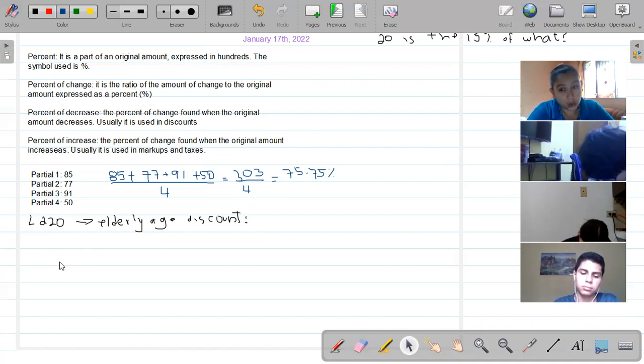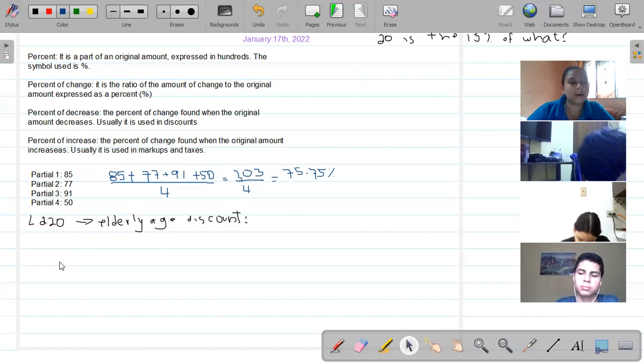It costs 220 lempiras, if I'm not mistaken. But we're going with our grandparents or with our mother, father, or aunt, or whoever is of elderly age. What does that mean? Tercera edad. So that person is going to buy a ticket with an elderly age discount, el descuento a la tercera edad.